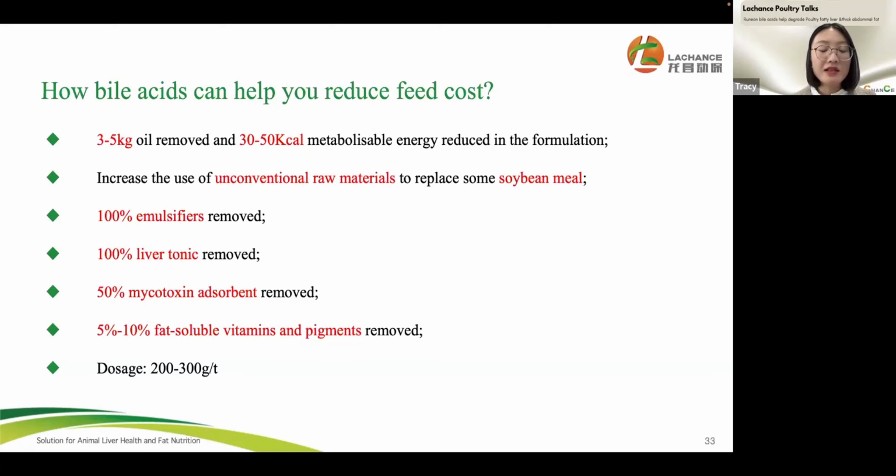And also after using bile acids, 50% mycotoxin absorbent can be removed, and also 5% to 10% fat-soluble vitamins and pigments can be removed. And the dosage of bile acids in broilers that we recommend is 200 to 300 grams per ton.